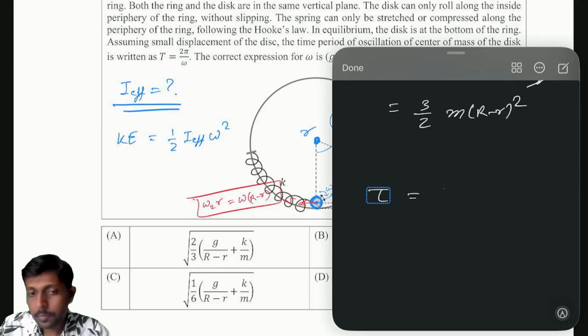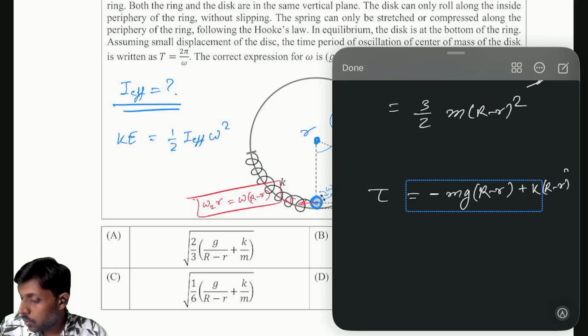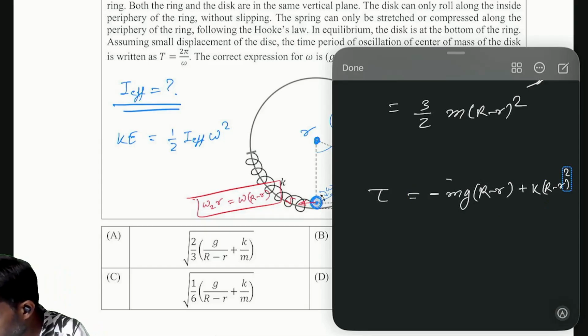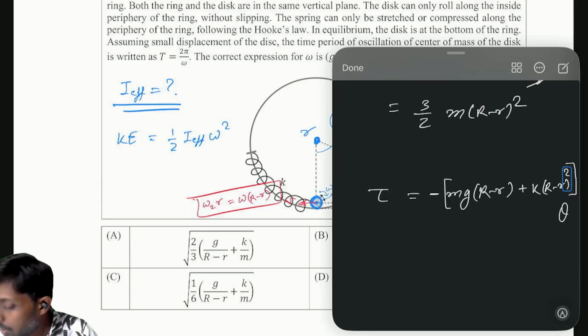Torque was, if you remember the expression, mg (R minus r) plus k (R minus r) whole square times theta, this thing into theta.